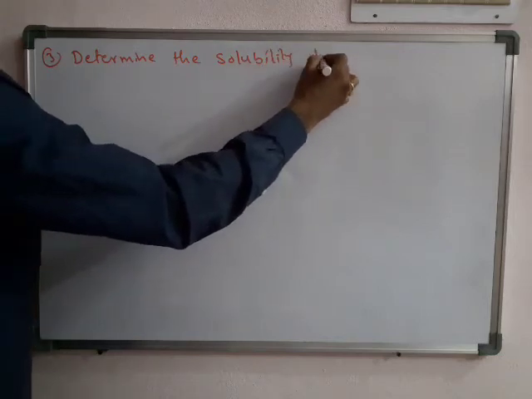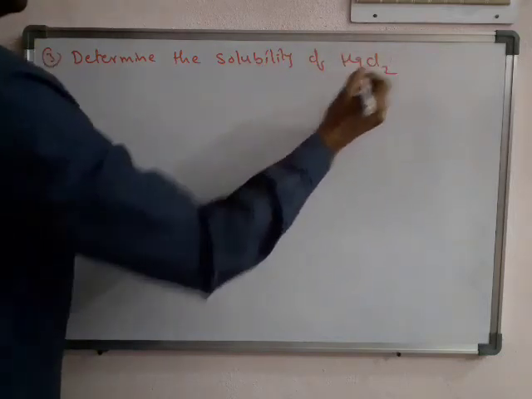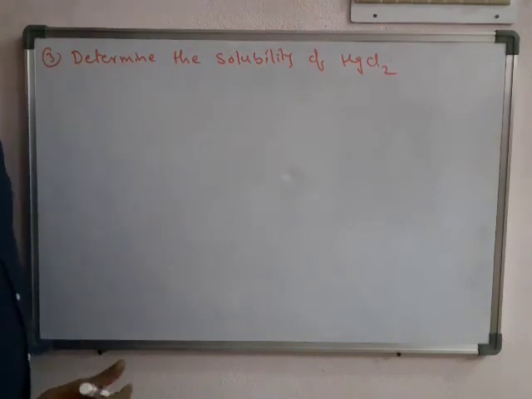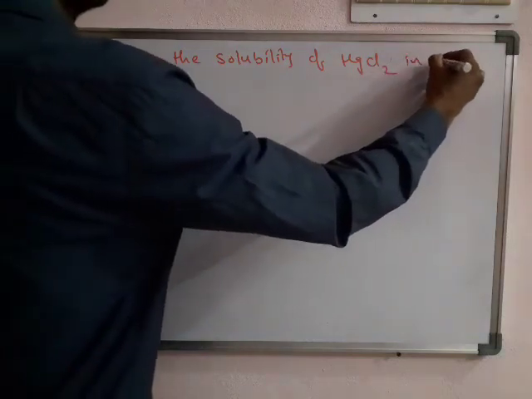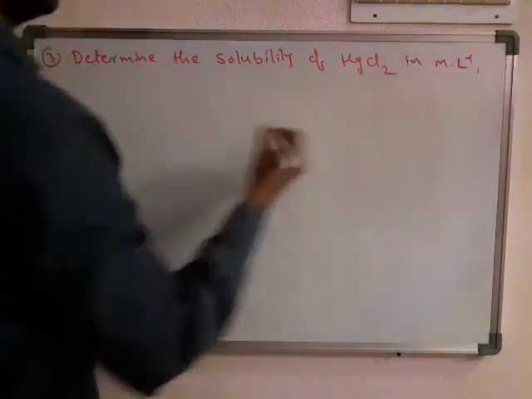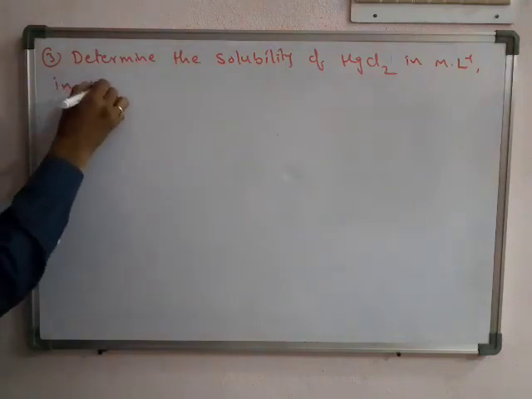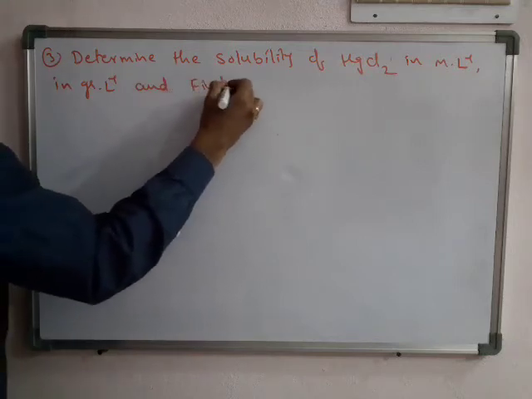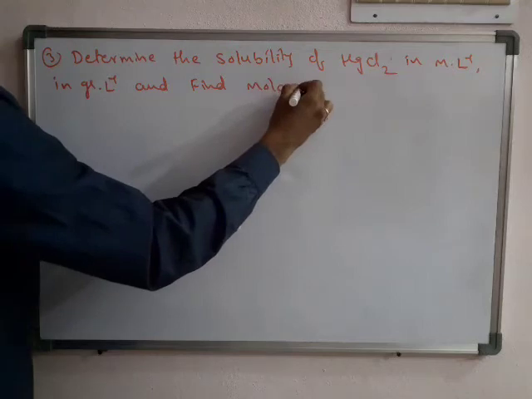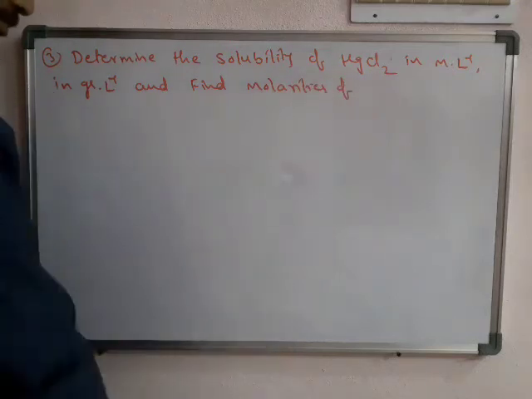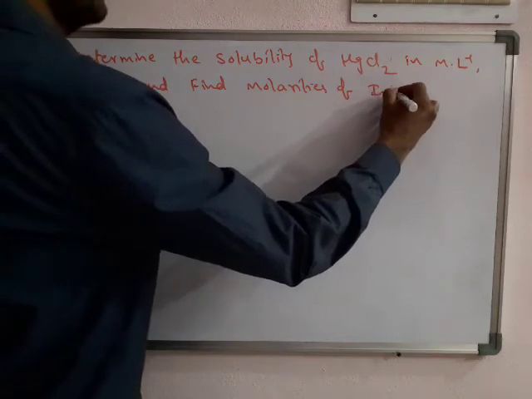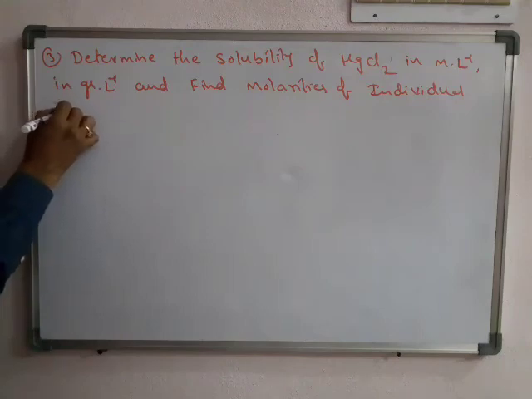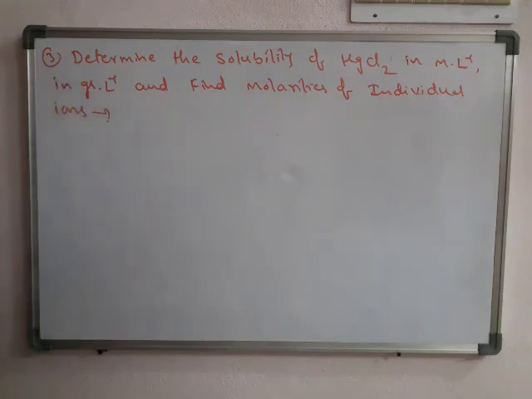So determine the solubility of mercuric chloride in moles per liter, in grams per liter, and find molarities of individual ions.